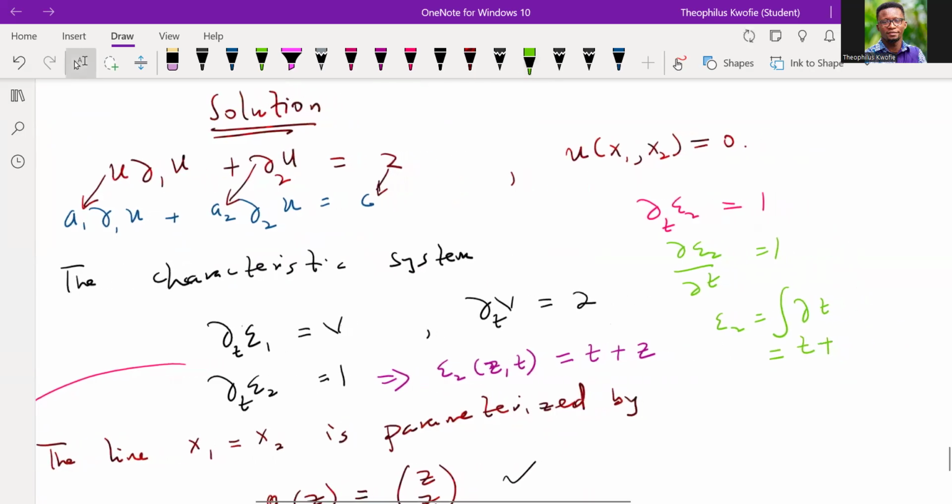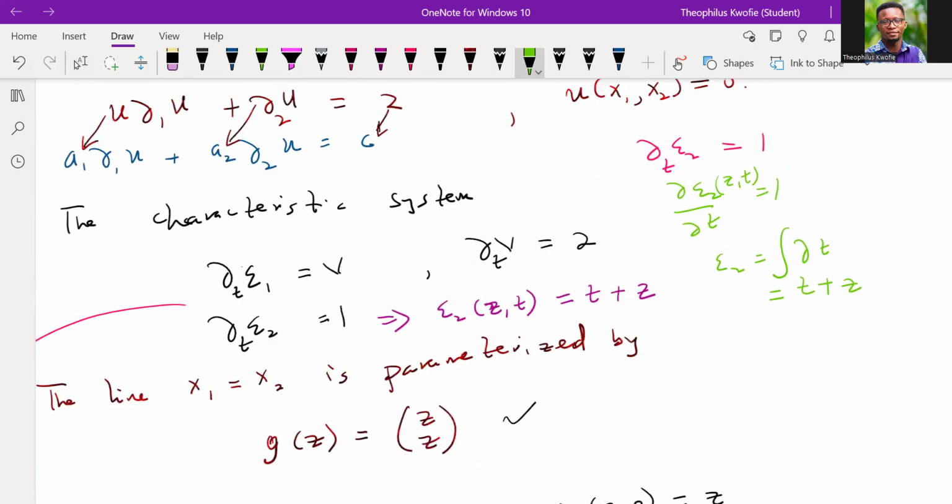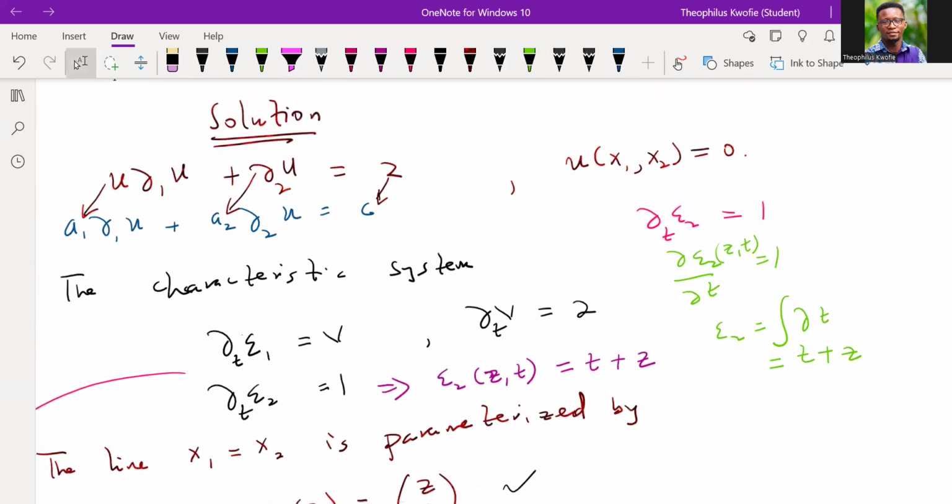But remember that your xi2 is made up of two independent variables, z and t. Because we've integrated with respect to t, we're fixing z. So the constant that we need to add will be our z. Is that okay? It's not using any other constant. We just have to use z as a constant. So that's how come we had this.